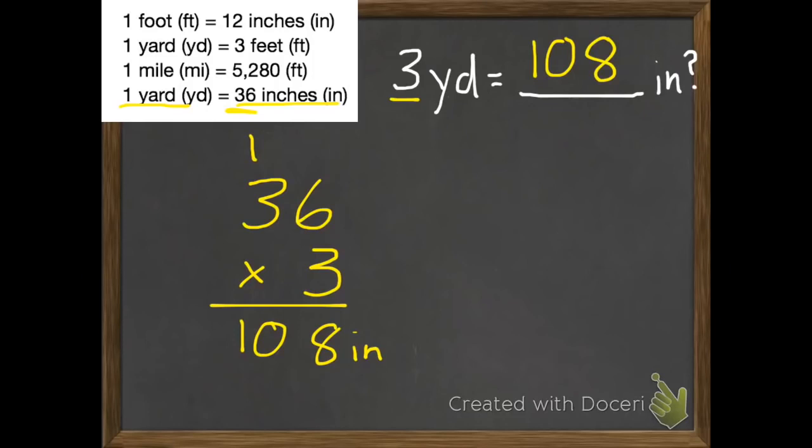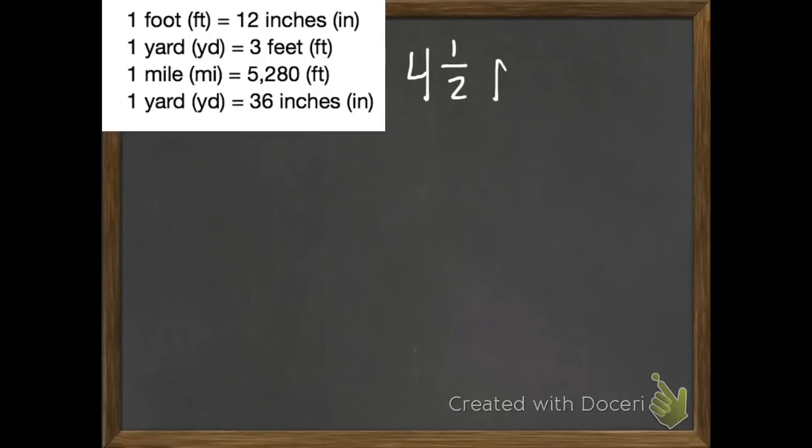I'm going to do another example, so we can get an example of one of each of these. This one's a little trickier because I have a mixed number. I have 4.5 feet, and I want to turn those into inches. So I'm going to break apart our mixed number. So I'm going to use just the 4 feet for now. I'm going to use our fact over here at the top. 1 foot equals 12 inches.